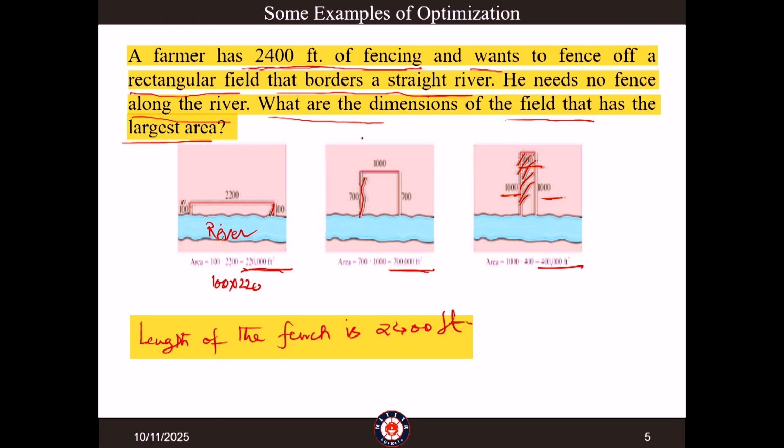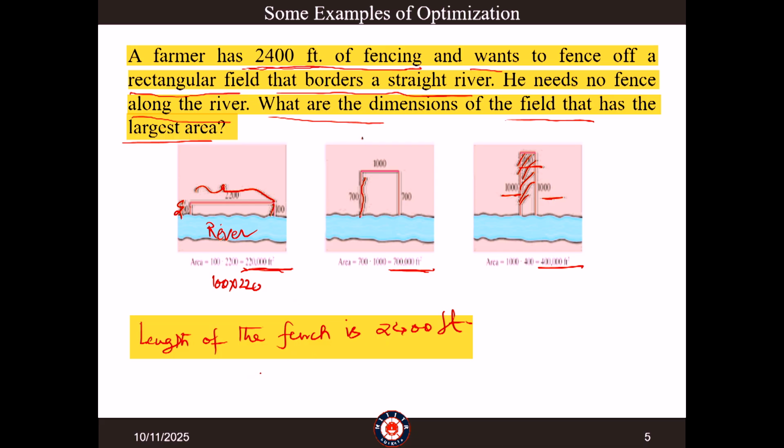So what should be the optimization technique? What should be this length and what should be this length so that the area will be maximum?